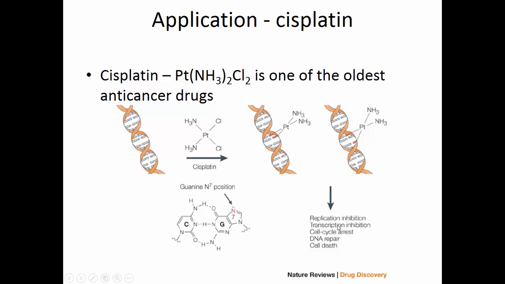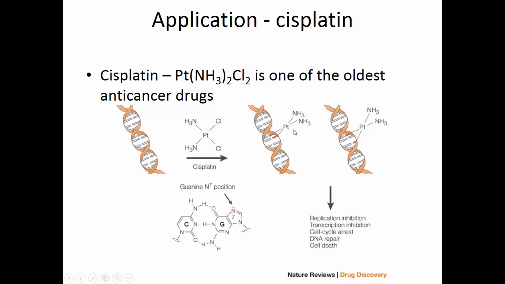And why it's been used as an anti-cancer drug is that this conjugation with DNA can inhibit DNA replication, which is kind of a good idea in cancer cells. It can inhibit transcription, cause cell cycle arrest, and even result in cell death. If you're talking cancer cells, this isn't too bad an idea.